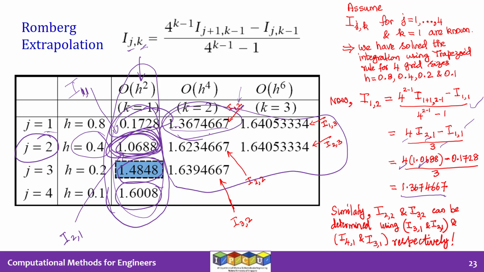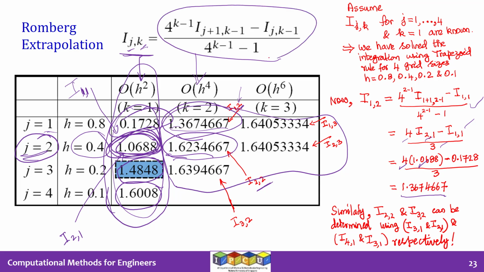So apply again to find this number. This is the location I2,2, because it is in the second row in this array, and we are still in the second column. If you put i equal to 2 and k equal to 2 in this expression, you get the right-hand side in terms of I3,1 and I2,1. You apply that formula and you will get this number.